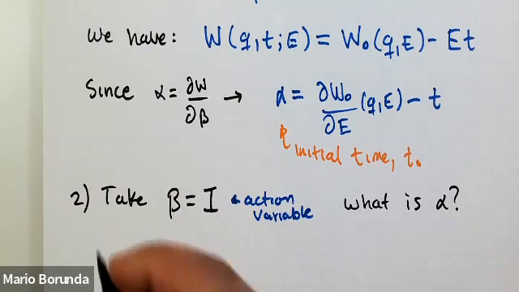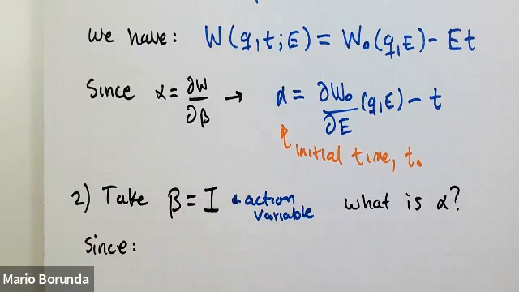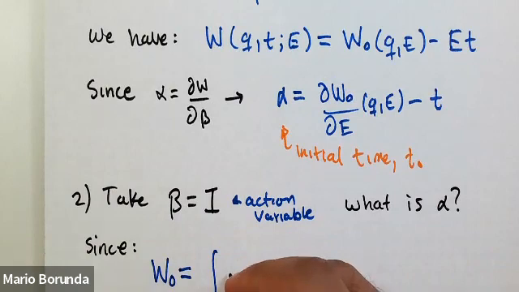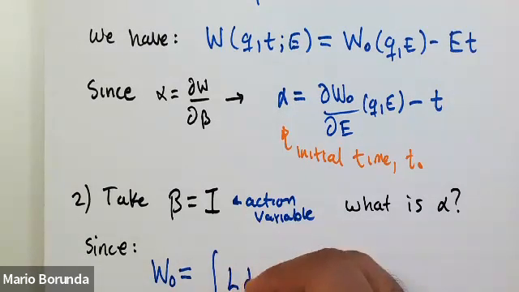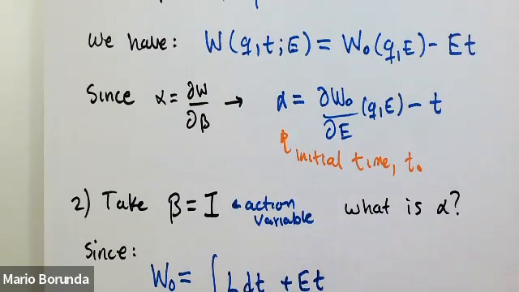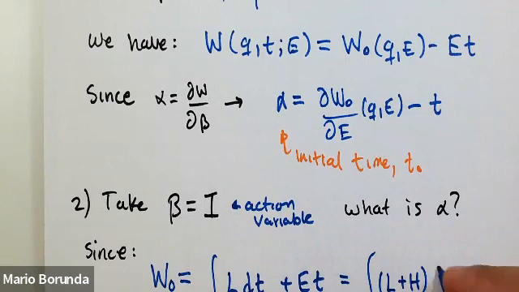So what we have then is that our W naught is the integral. So W is the classical path, right? So W naught is defined as this quantity. And this quantity, I can put the two together and have the integral of L plus H dt.